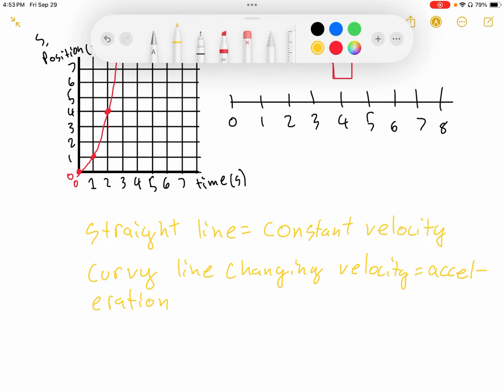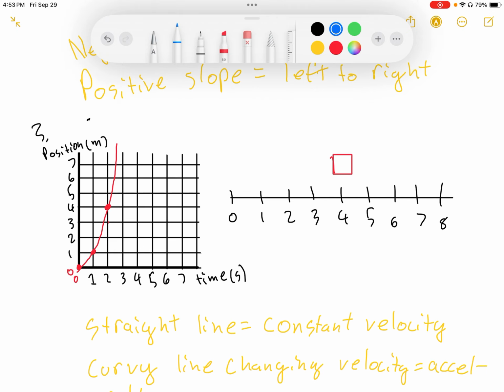Because if we think about this as slope, rise over run, that's our first one. But then our rise over run between these 2 points is different. And then our rise over run between these 2 points is different. So our slope always changes, which is what makes this acceleration.